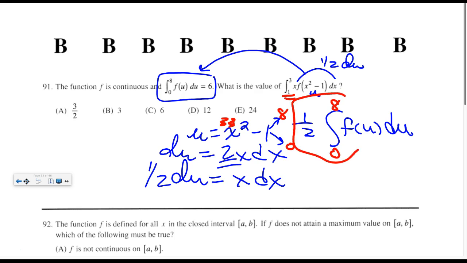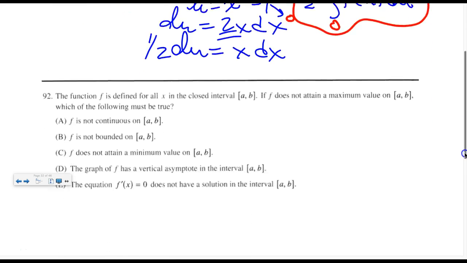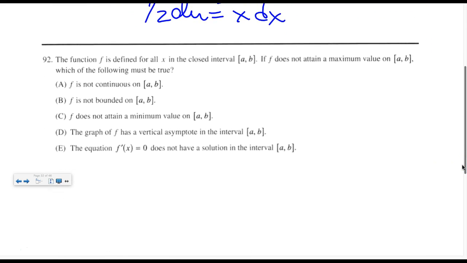So my answer will be 1/2 of the integral from 0 to 8 of f of u du. Well, that's going to have to be 3. So again, this should prompt u-sub when you see an expression involving x, an expression involving u. You can see the limits have been changed. Straight up u-sub.